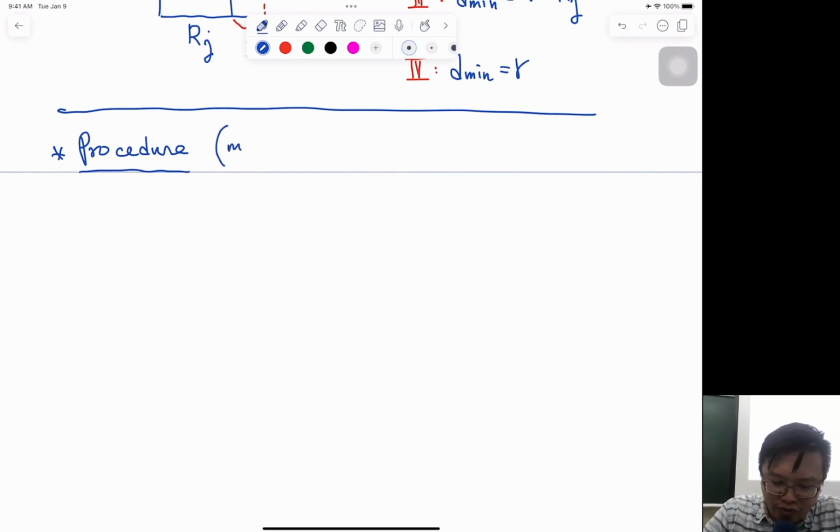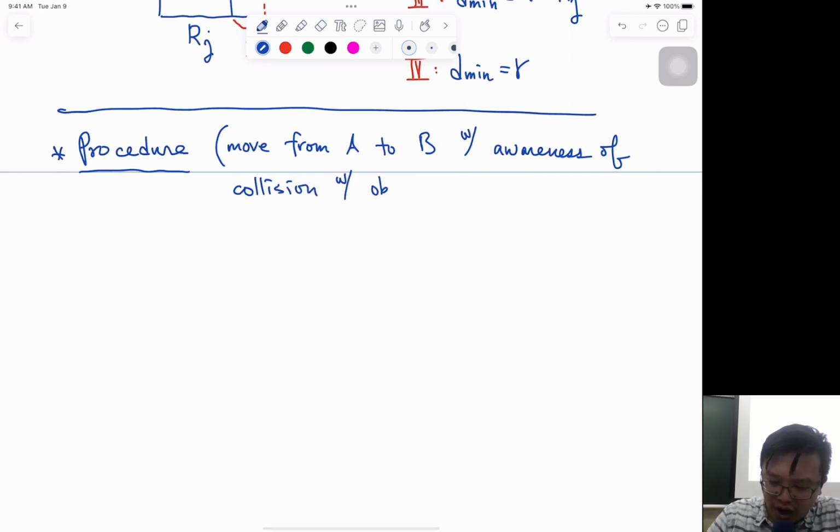To move from A to B with awareness of collision with obstacles.